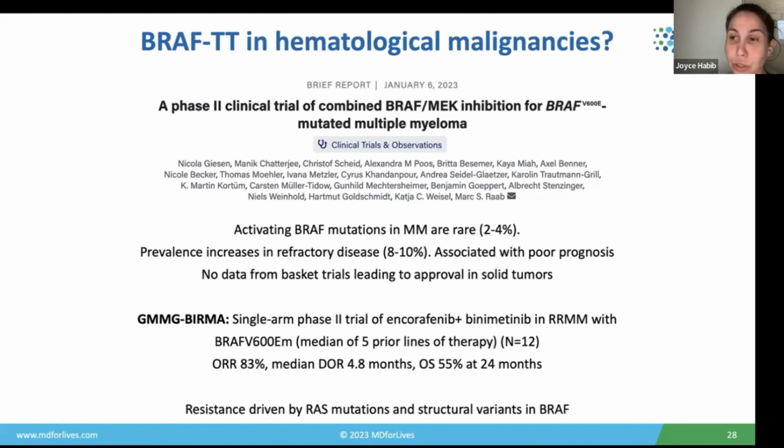However, the response was not durable, and resistance occurred quickly, driven by RAS alterations and BRAF alterations. So histology matters. Response rate may be high, but it doesn't mean anything if the response is short when you're talking about a tumor agnostic indication.